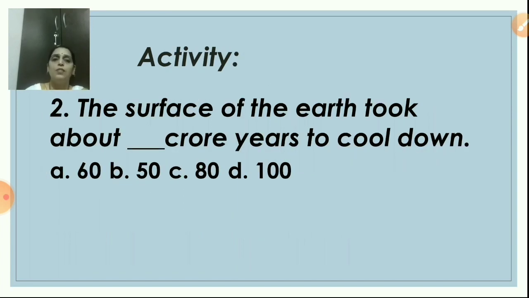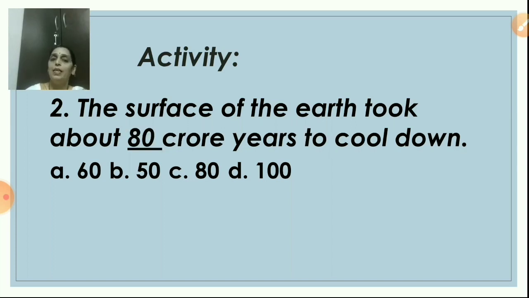The surface of the earth took about dash crore years to cool down. A. 60, B. 50, C. 80, D. 100. So what will be the right answer? 80. Very good. The surface of the earth took 80 crore years to cool down.